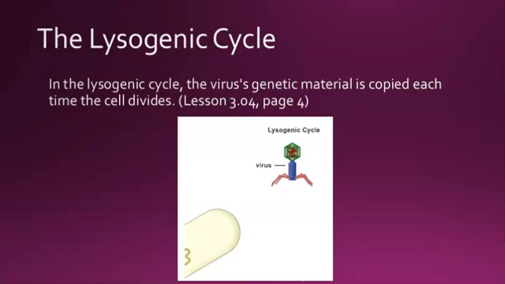In the lysogenic cycle, a virus injects its DNA into a cell, and the DNA becomes a part of that cell's genome. When the host cell replicates its DNA and divides, it also replicates the viral DNA. The viral DNA will be found in all new cells being created. Depending on the virus, the viral DNA may not become active for many years.